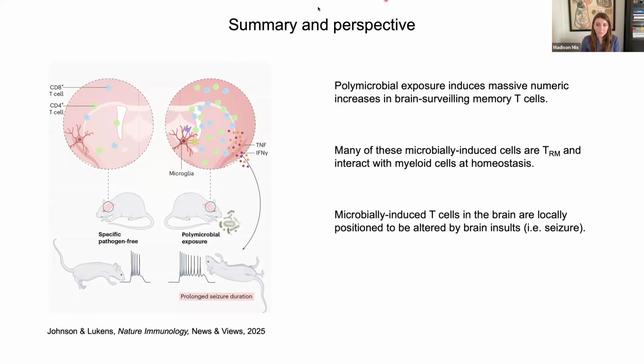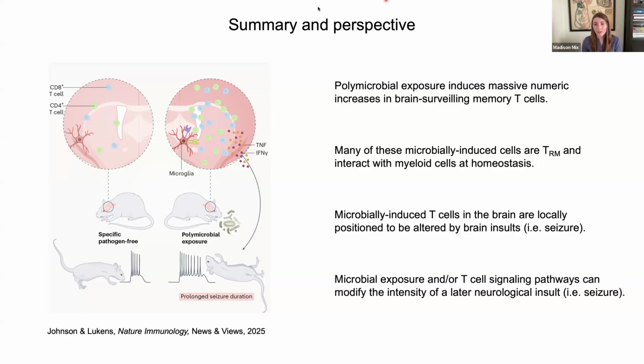And by virtue of being in the brain, they may be differentially impacted by neurological diseases like a seizure that could influence the caliber of these cells. And finally, that microbial exposure and/or T cell signaling pathways can modify the intensity of a later neurological insult.